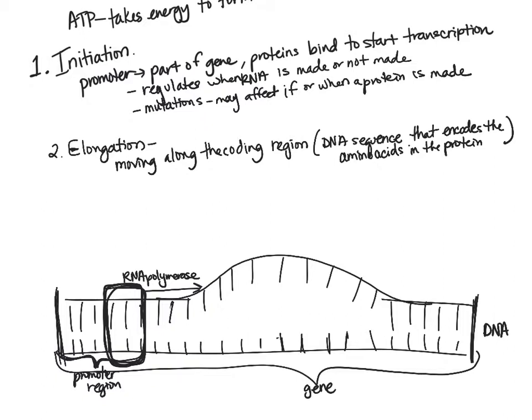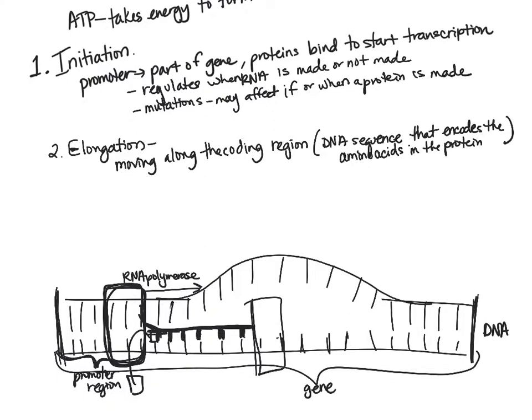So we've opened up our DNA. We have our RNA polymerase moving along. It's going to grab on to those free nucleotides, and it's going to be adding them, nucleotide by nucleotide. Behind it, we have our RNA being made. What we're doing, again, is adding these nucleotides across.